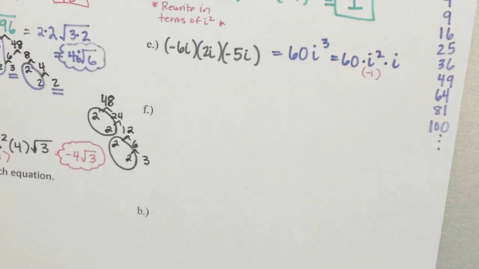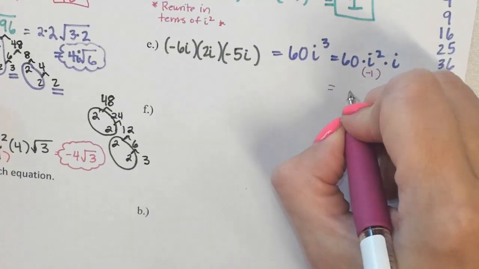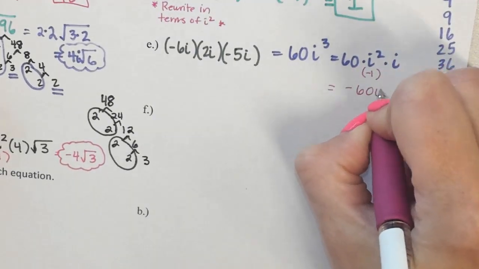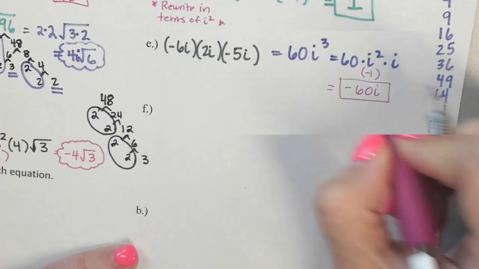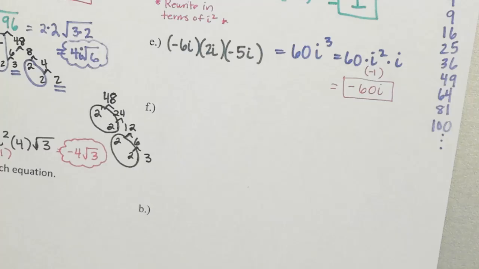I like to show you this way in case you don't have i cubed memorized. I want you to know you can still get to the right answer, just by knowing i squared is -1. Okay, so you do have to know i squared is -1. The rest can be derived from that.